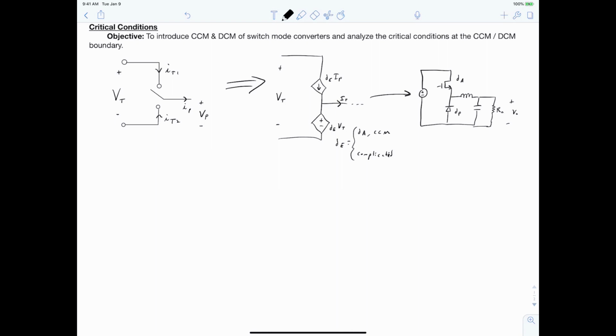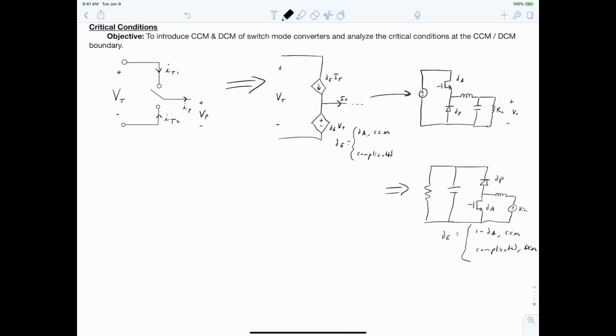So that's to say that if our converter was a boost converter, where we have an output voltage over here, this would be dA, this would be dP, and our equivalent duty ratio would be 1 minus dA. So you have to apply the theory of the circuit in order to determine what this equivalent duty ratio will be.